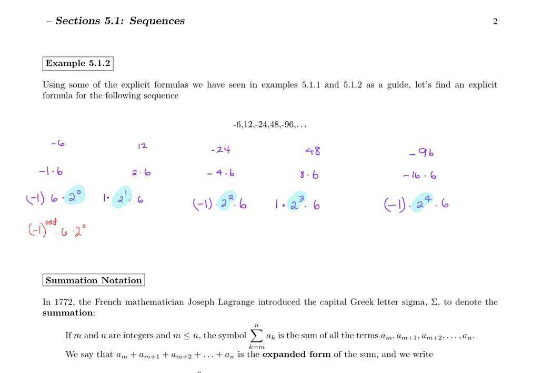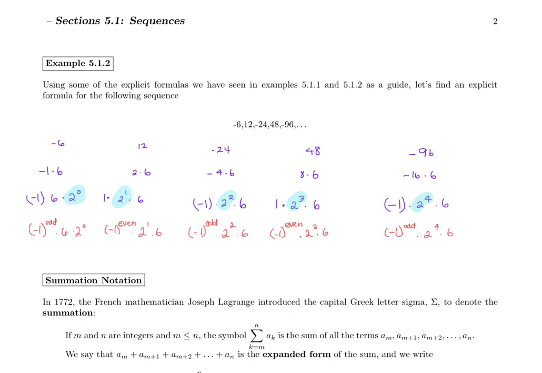To make that -1 into a positive one, we just need to raise it to an even power, times 2 to the 1 times 6. We're back to a negative, so we get an odd power times 2 squared times 6. Then we're back to an even times 2 cubed times 6. And then once more back to the odd to get that negative again.